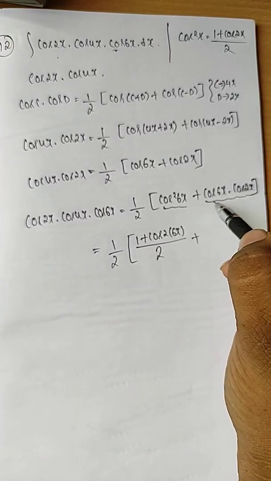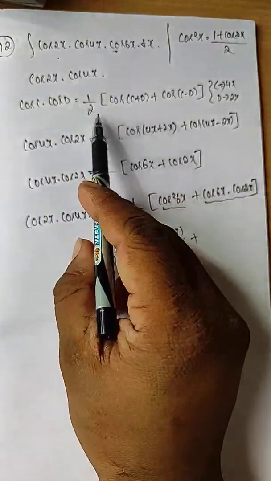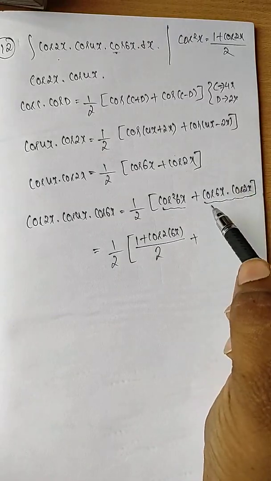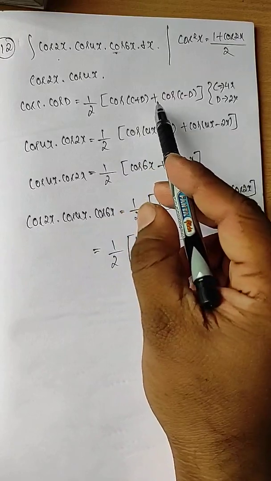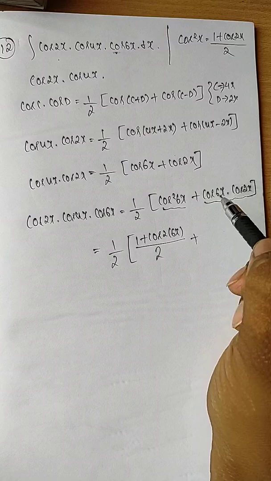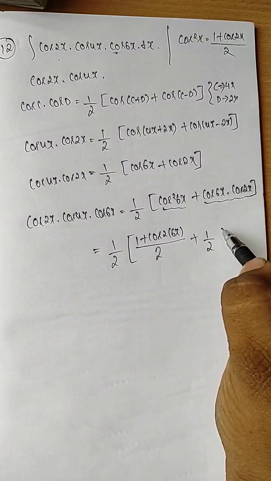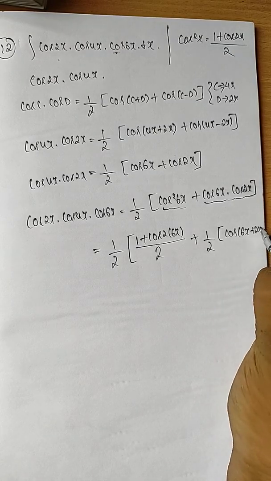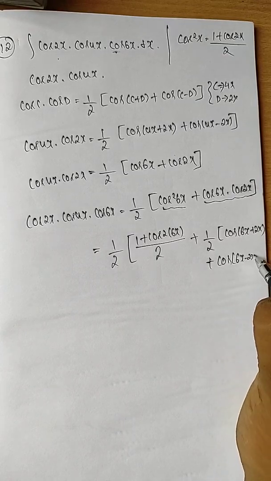so here also you want to use the transformation formula. Here you want to use the cos c into cos d transformation formula, same formula. Now you want to replace c as 6x, d as 2x. We are using the same transformation formula a second time. Is it clear? Now 1 by 2 [cos 6x plus 2x plus cos 6x minus 2x].